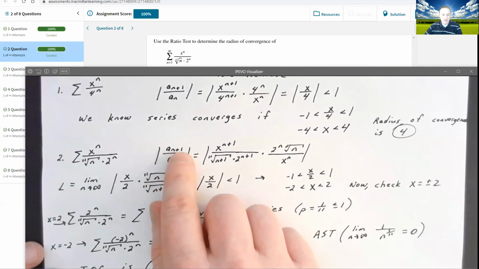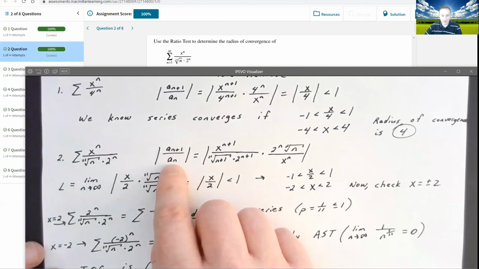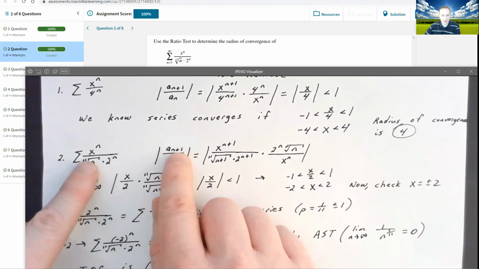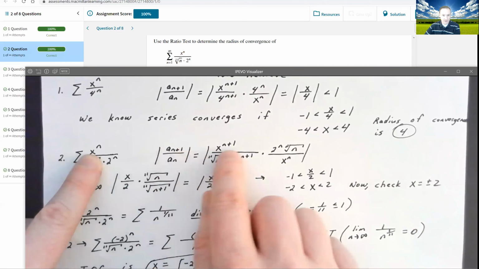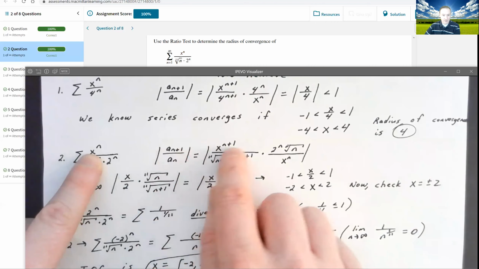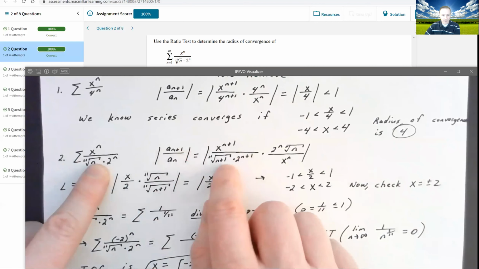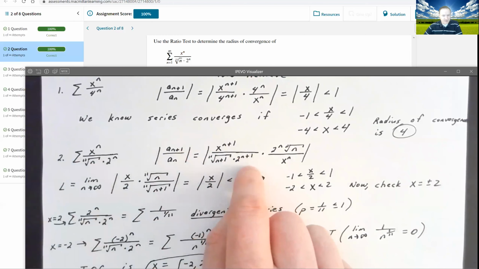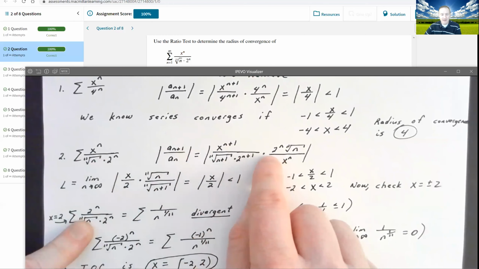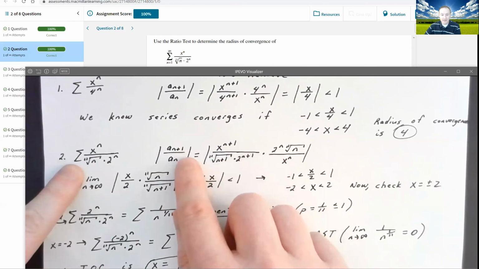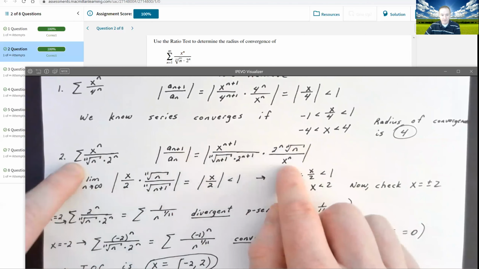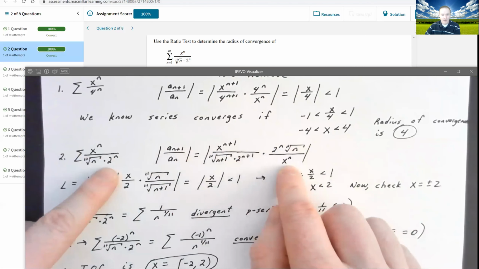We have a sub n plus 1 over a sub n for our ratio test here. Please notice for the a sub n plus 1, I just said it's your general term evaluated at n plus 1. Then instead of dividing by a sub n, I always multiply by the reciprocal of a sub n, same thing.